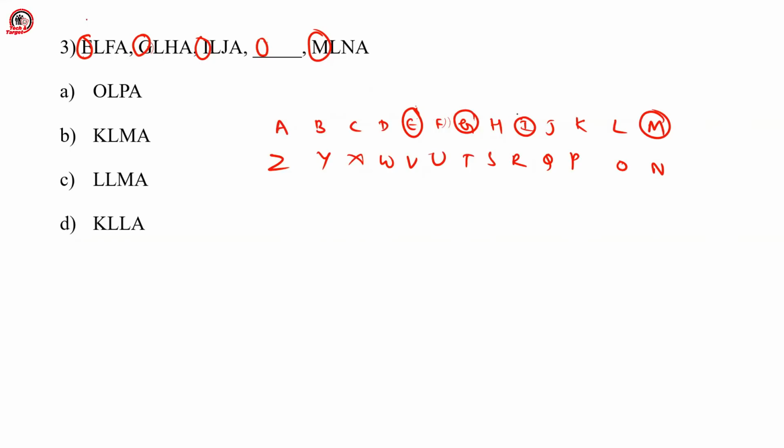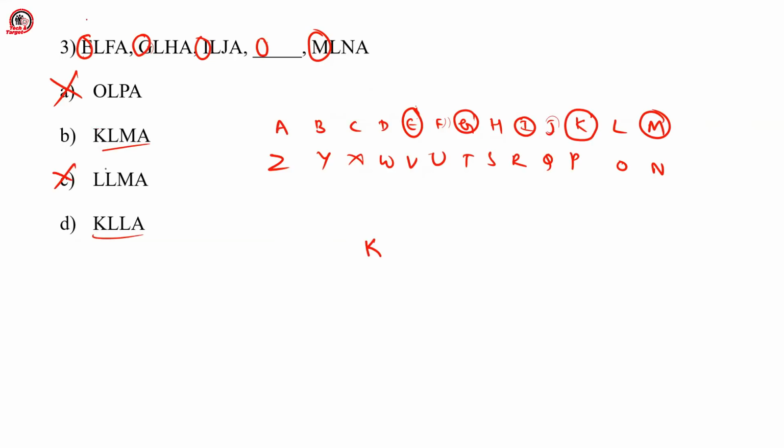Then we are going for the next alphabet for the first letter of the next word. In the same way, we have to ignore one letter again and take the next alphabet for the first letter of the next word, right? So the first letter of the next word would be K. So this option would be closed and this option would be closed. Now only two options are there.